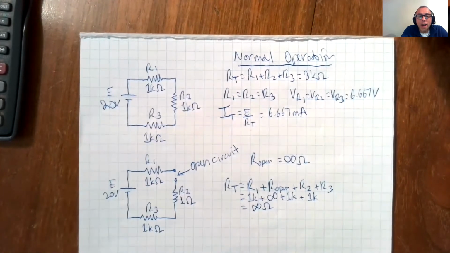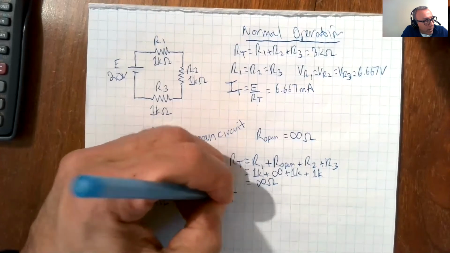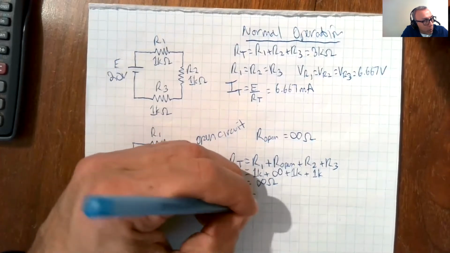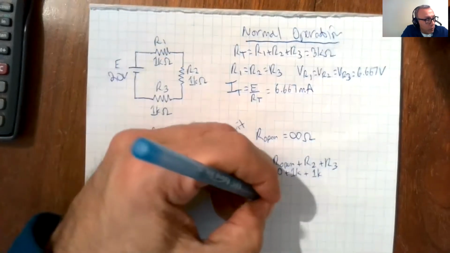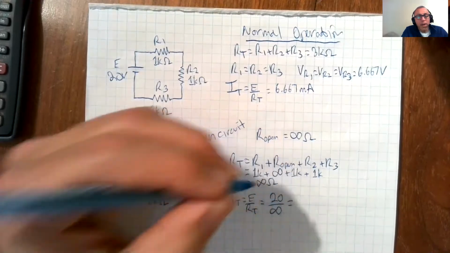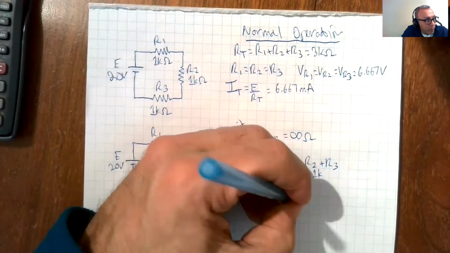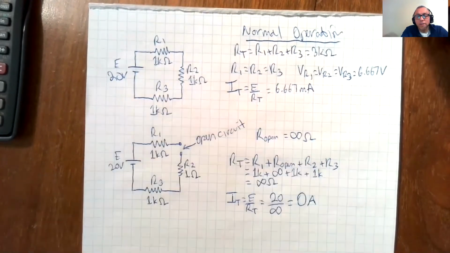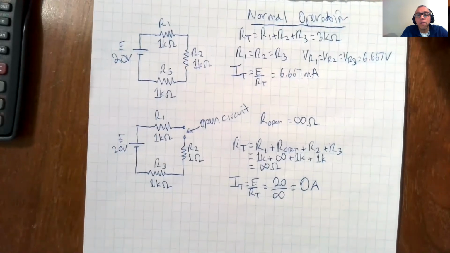If RT is equal to infinite, then IT is equal to E over RT, which is equal to 20 over infinite. And if you remember what we talked about, anything divided by infinite is 0. So IT is 0 amps.